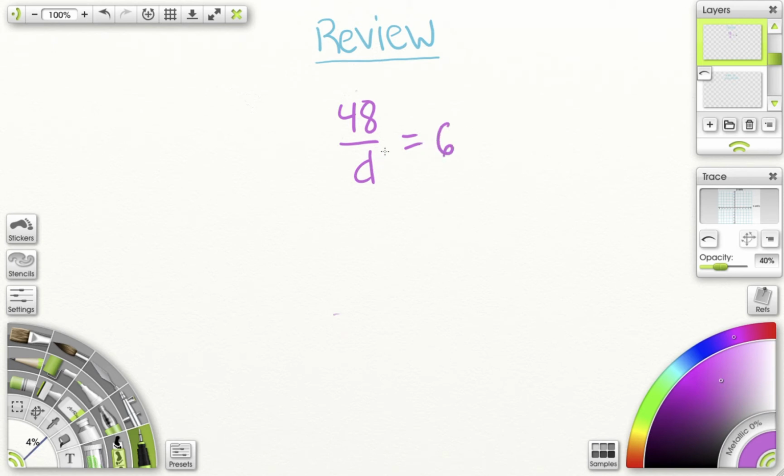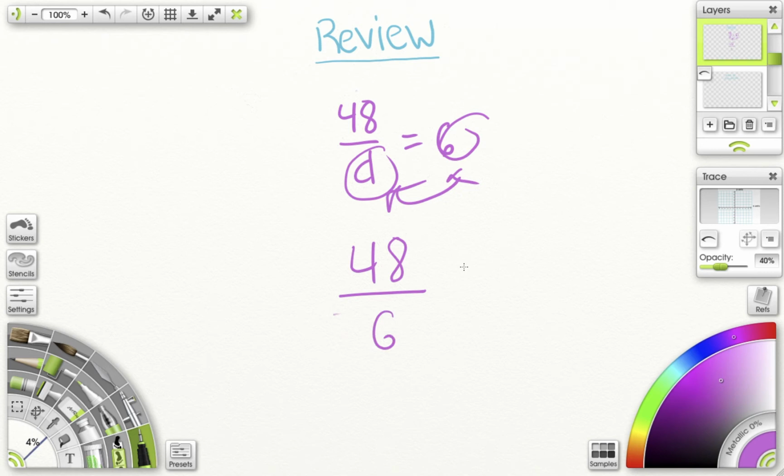Well, basically we just switch these two around. So I switch d and 6 around, so I have 48 over 6, and that is equal to d. So I do 48 divided by 6, which gives me 8, and 8 is equal to d. So we were doing that in the last week.